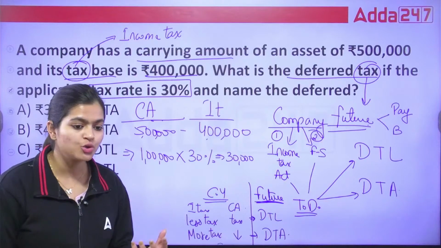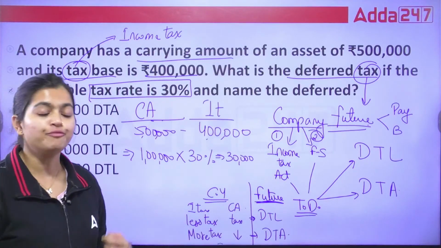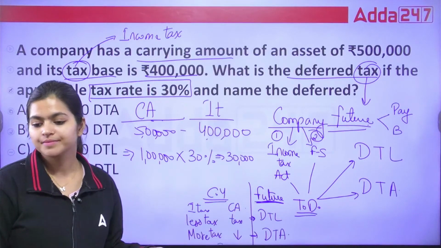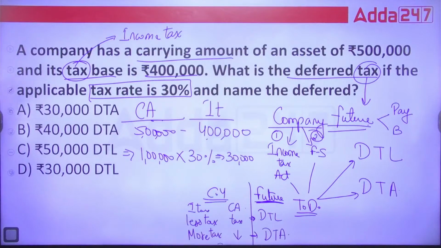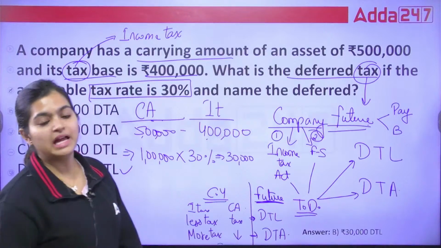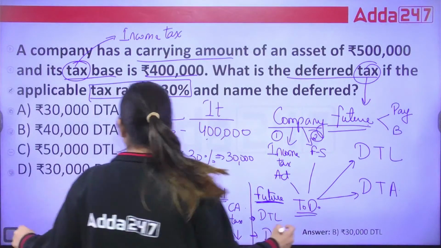Means you want to enjoy today's benefit of paying less tax. If you are paying less now, you need to pay more later. So as per this, which is your correct option? Your correct option is 30,000 DTL. That is your liability. This is your option D.